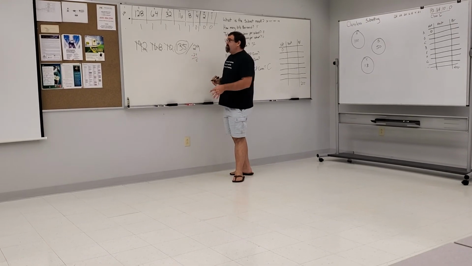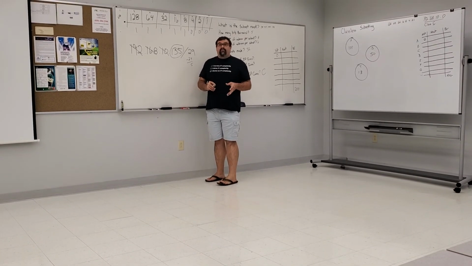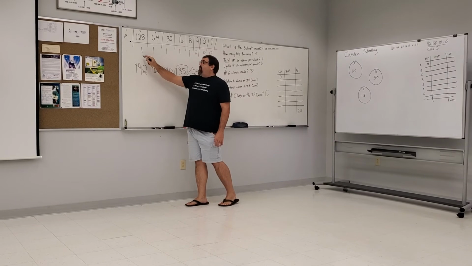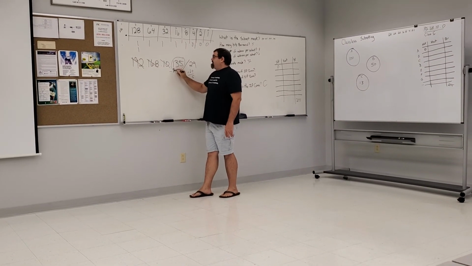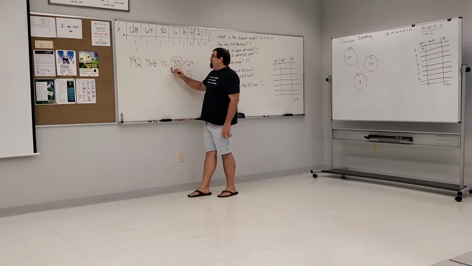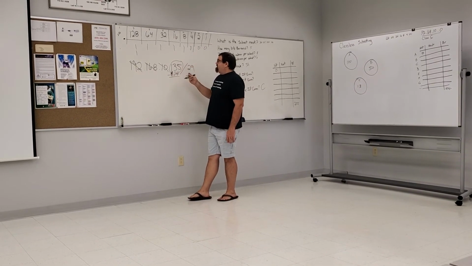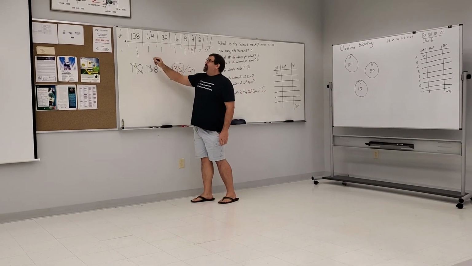So now watch what I'm doing. You remember how to convert to binary, right? So we got 135. Will 128 go into 135? Yes, it will. So 135 minus 128, that's going to be 7. So will 64 go into 7?